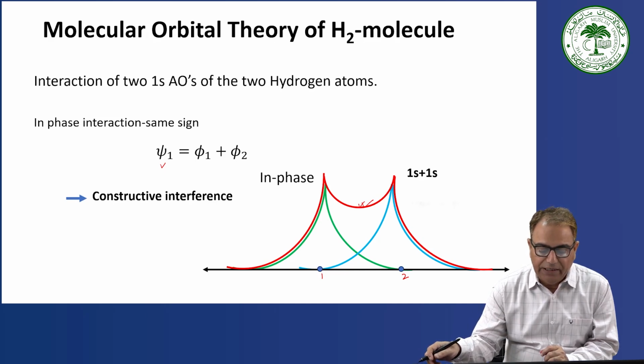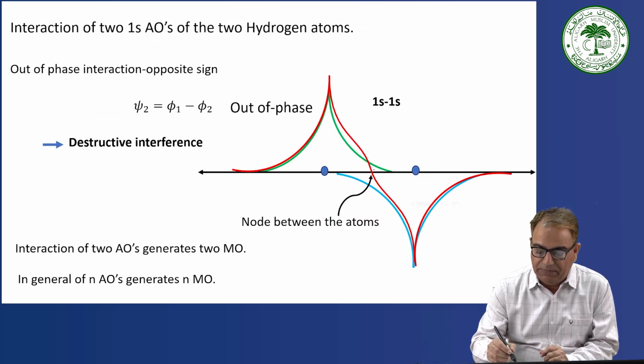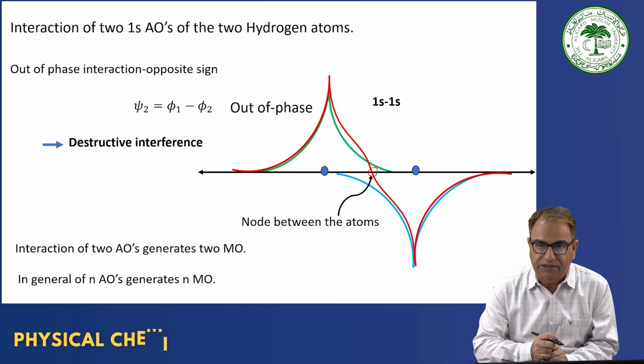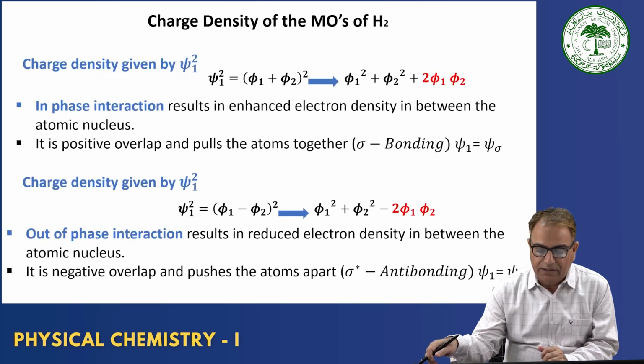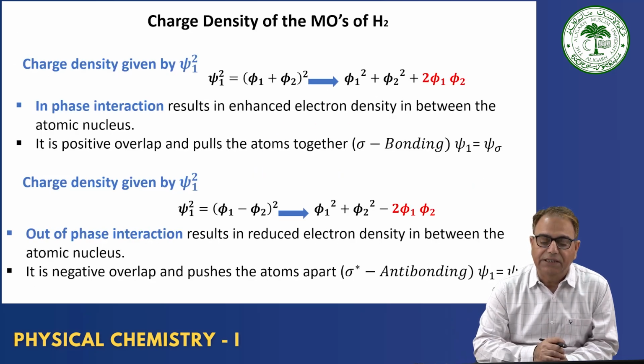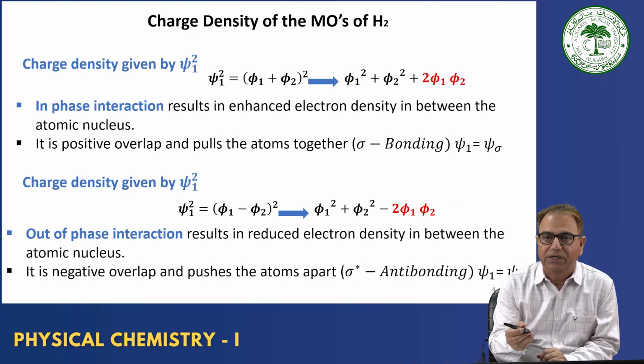A destructive interference will take place, and a node will appear between the two nuclei, when you do phi 1 minus phi 2, an out-of-phase interaction. Destructive interference takes place, and you get a different molecular orbital called the anti-bonding molecular orbital. If you look at the charge density, the square of the wave function gives you the probability density, or electron density.